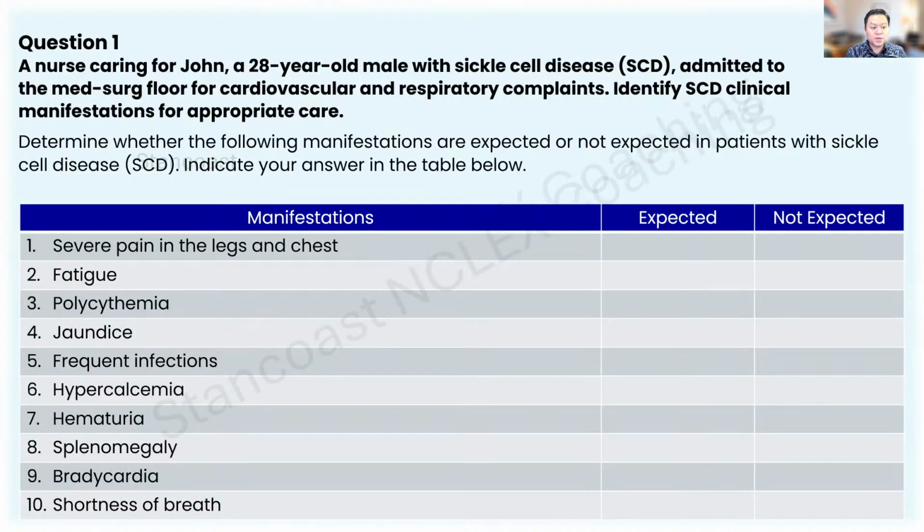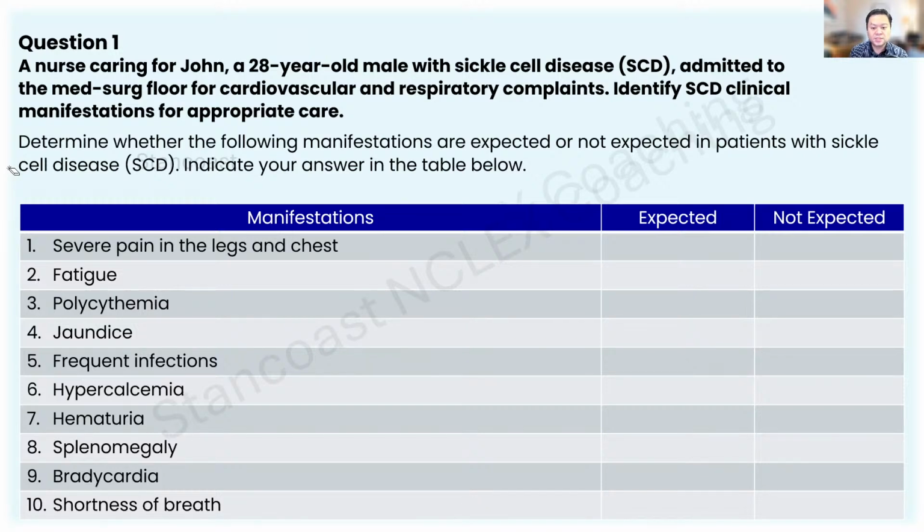So let's go right ahead into our test question. This is going to be our first question of the day. So the test item stated, a nurse is taking care of John, a 28-year-old male with sickle cell disease, admitted to the medical surgical floor with complaints of severe pain in his legs and chest.